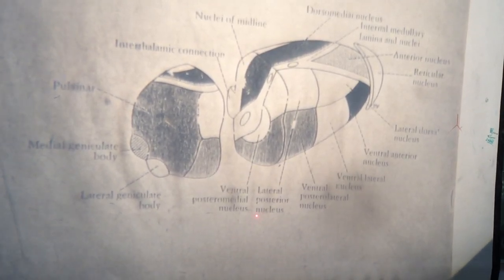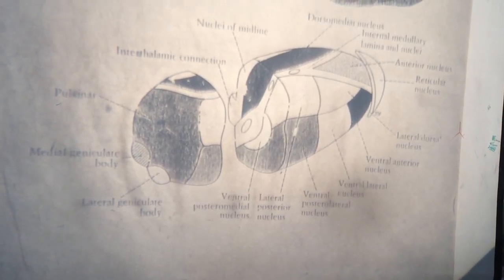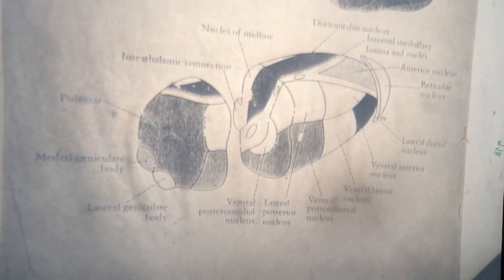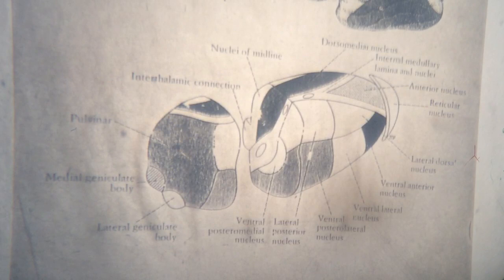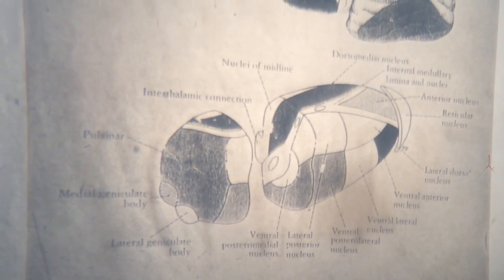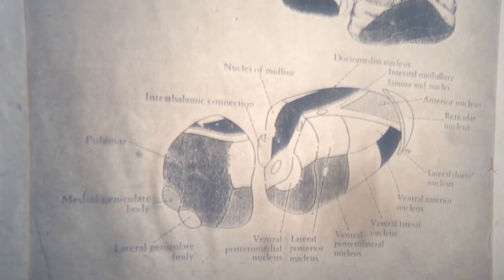Now we come to the ventral posterior nucleus. We discussed the ventral posterior nucleus in the sensory tracts, and you know it has two parts, a lateral part and a medial part.